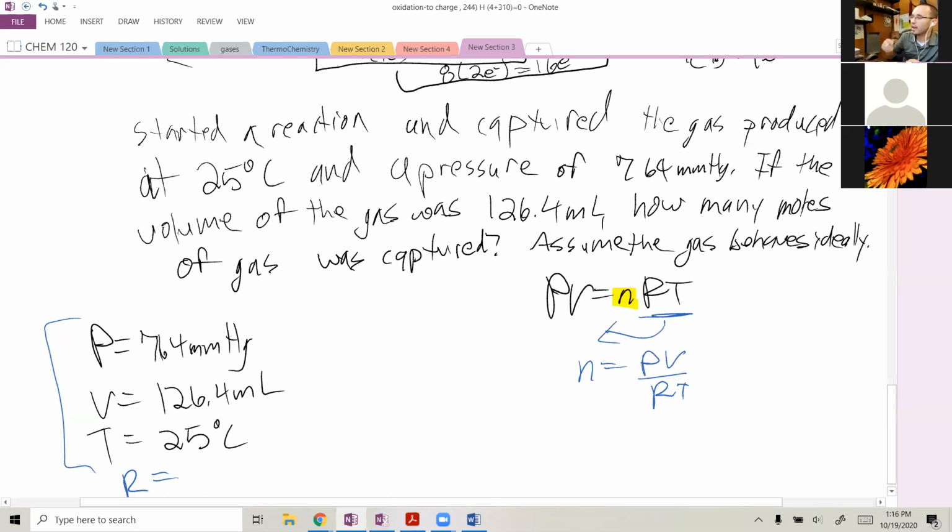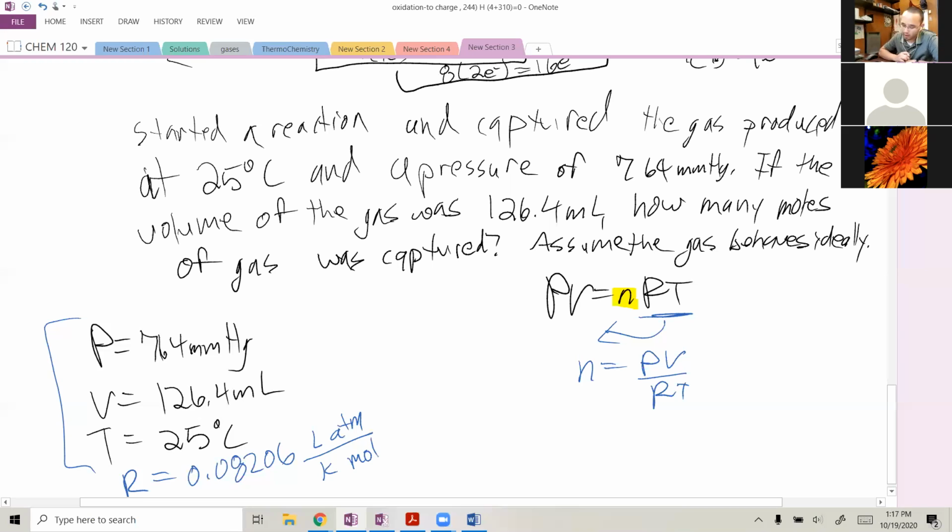And what it does is it's allowing us to transition from our different units into another unit. In the same way that 12 inches into 1 foot is a constant. That is what R does, it allows us to transition from liters, atmospheres, and our K and our mole.